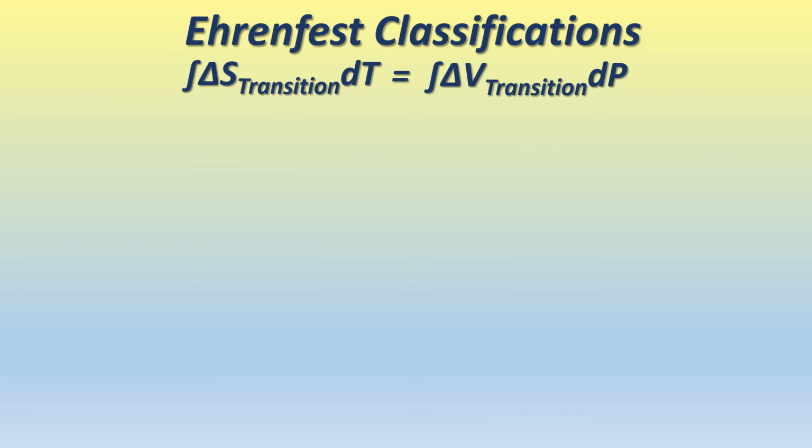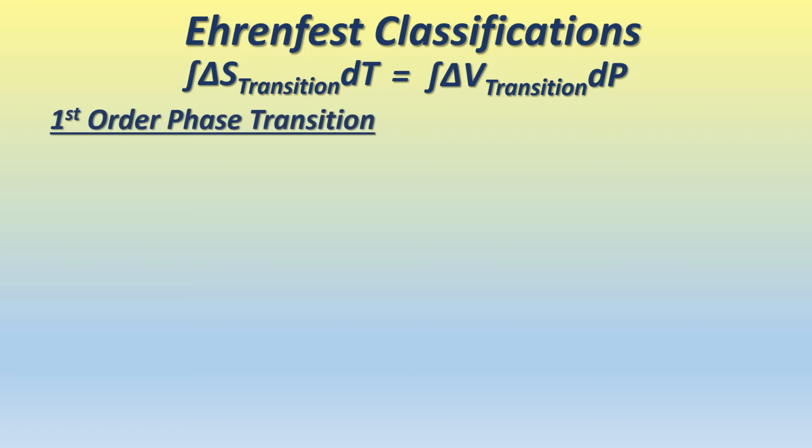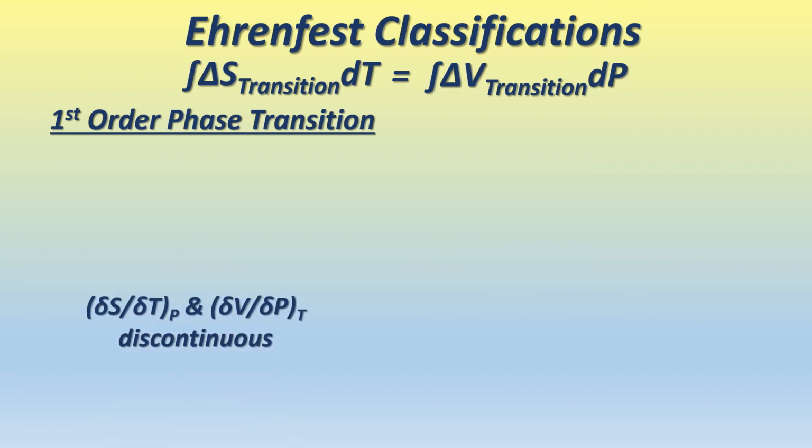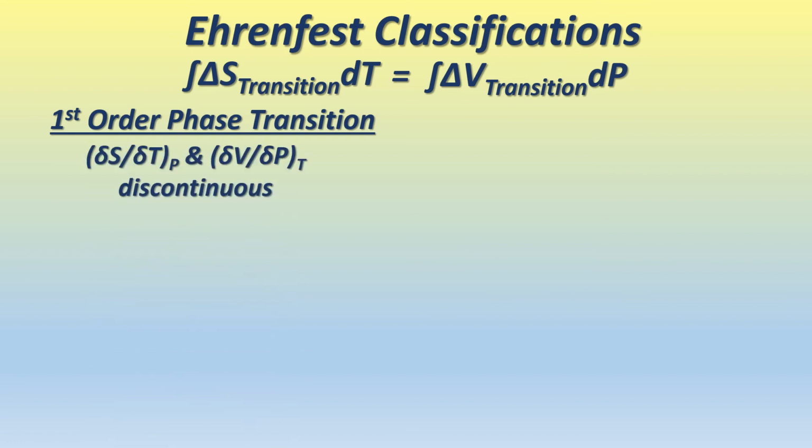The Clapeyron equation also leads to something called the Ehrenfest classification of phase transitions. I can have what's called a first-order phase transition. This is called first order because the first derivative of entropy with respect to temperature at a constant pressure and volume with respect to pressure at a constant T are discontinuous.